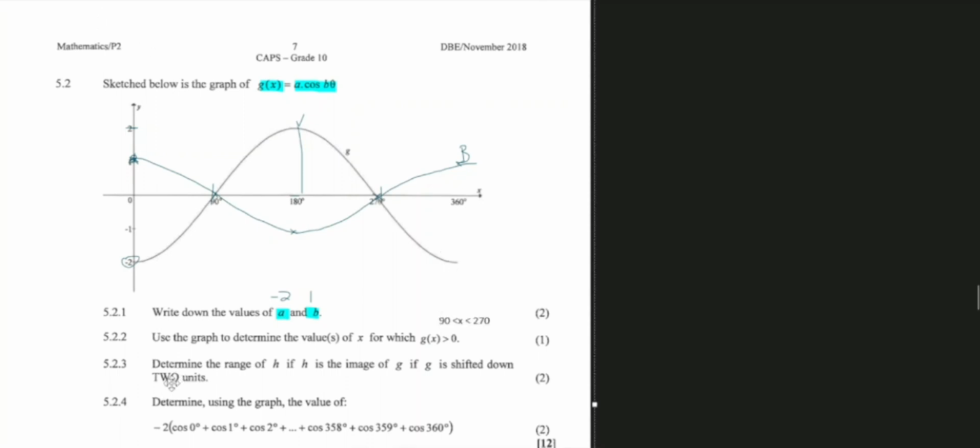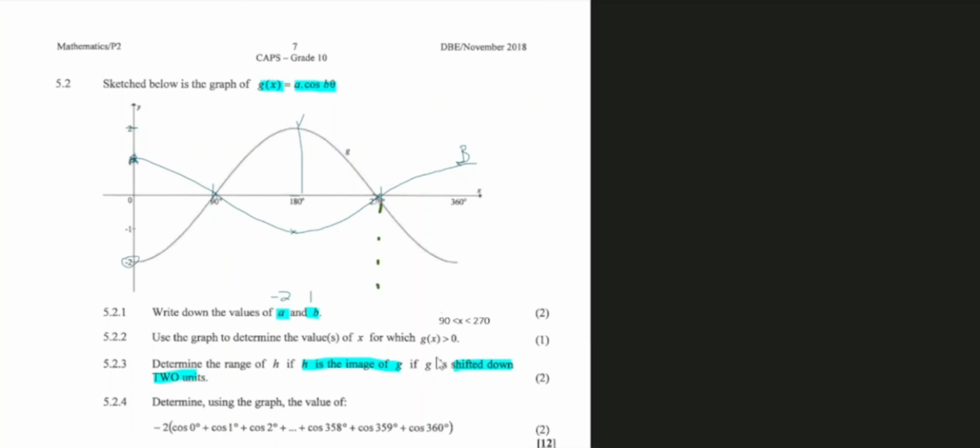and then they say determine the range of h, right? If h is the image of g, if g was shifted down 2 units.